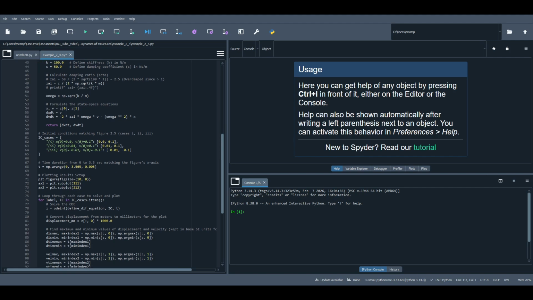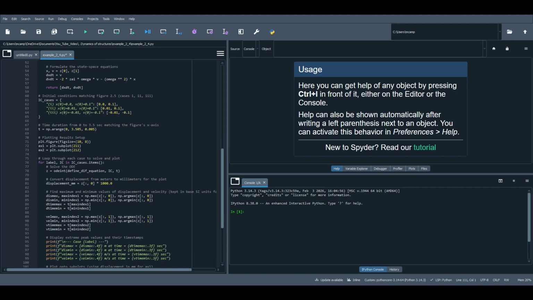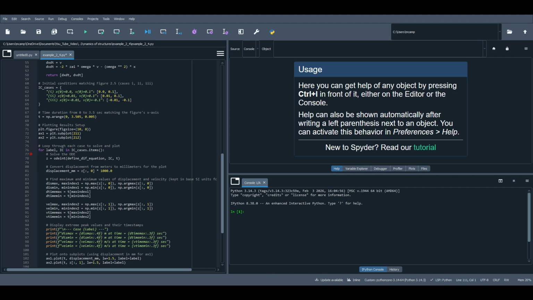And after, we plot as a function of time in the range 0 to 3.5 seconds with the step 0.005.